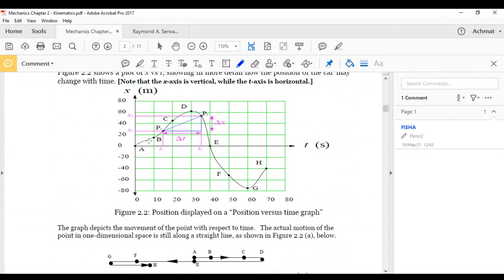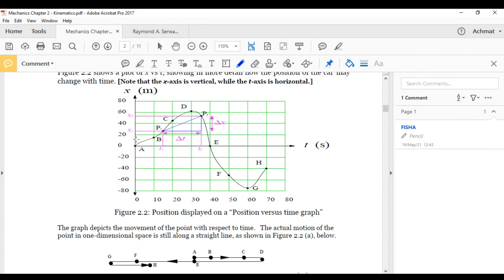It is because at A, that is that position. At B, that is a position, remember there. Let's say you go up to that point there, but that is a position at this particular time. All right, so this is at 10 seconds, as you can see here.